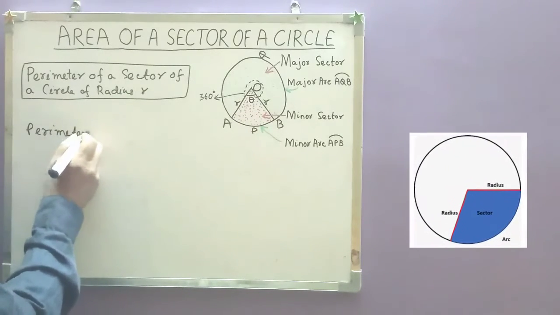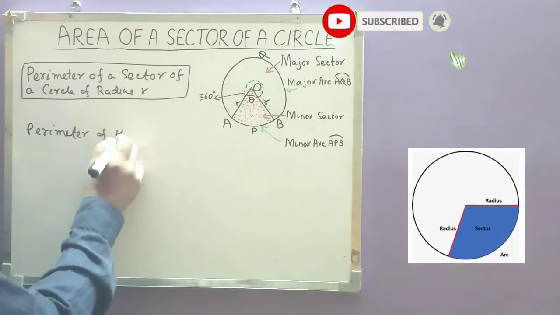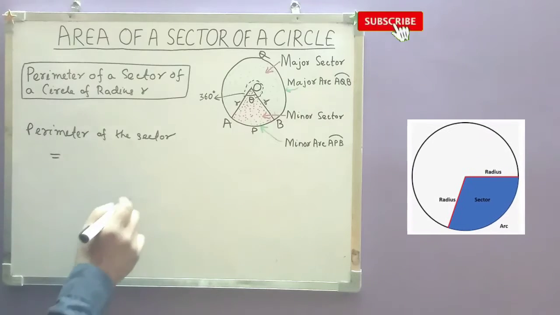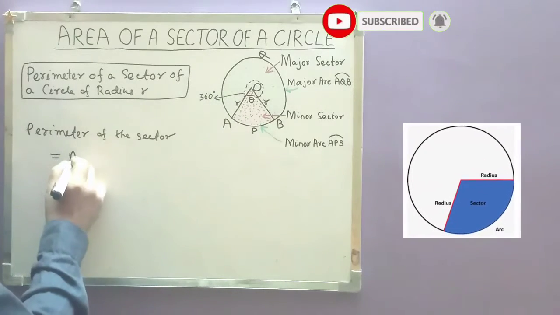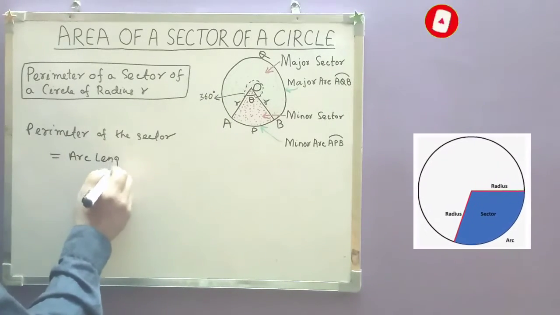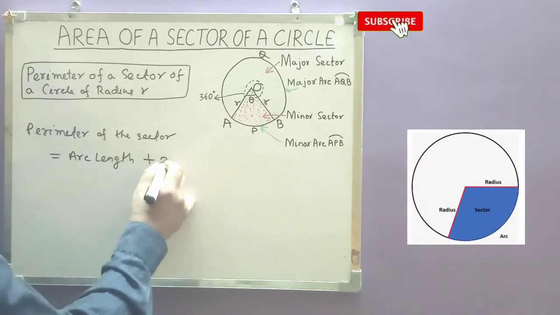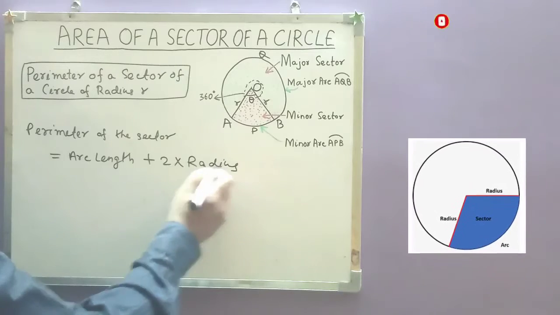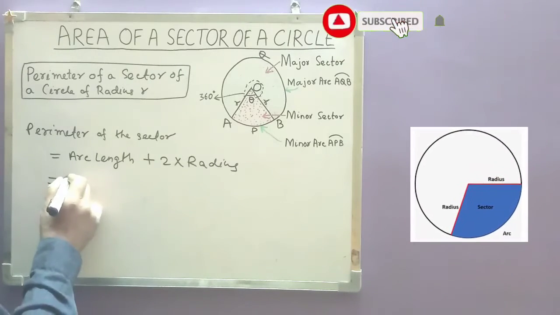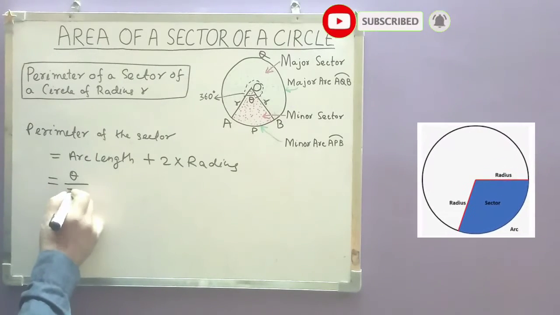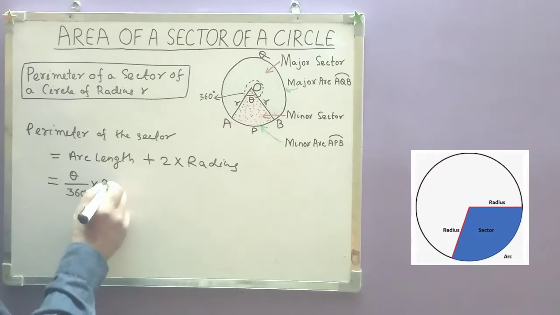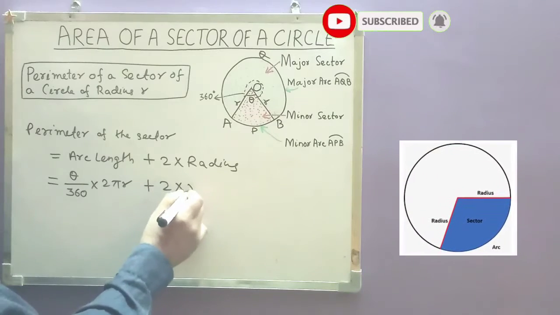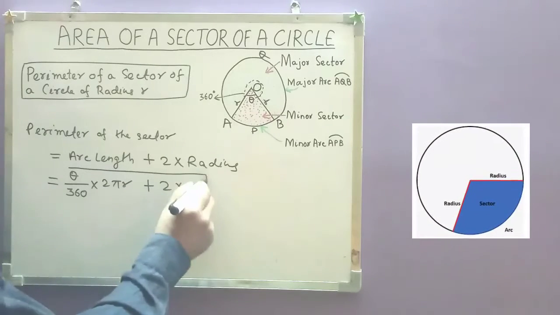Perimeter of a sector of a circle is equal to length of the arc of the sector so formed plus 2 multiplied by radius of the circle, that is equal to theta upon 360 multiplied by 2 pi r plus 2 into radius.